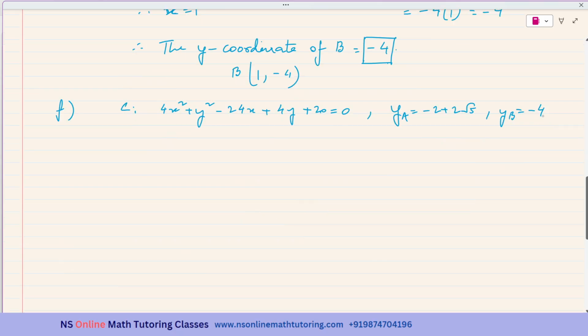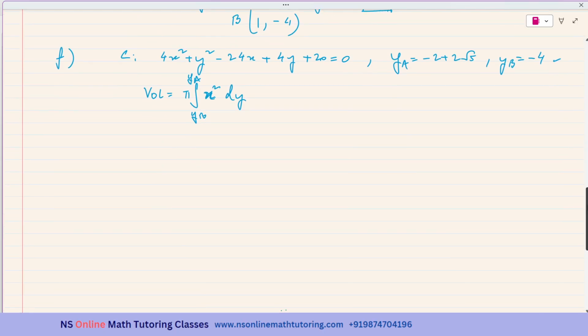Okay. And the volume of revolution formula will be from YB, which is the lower one, to YA, and it will be pi, which can be taken outside, x square dy. This will be the formula.